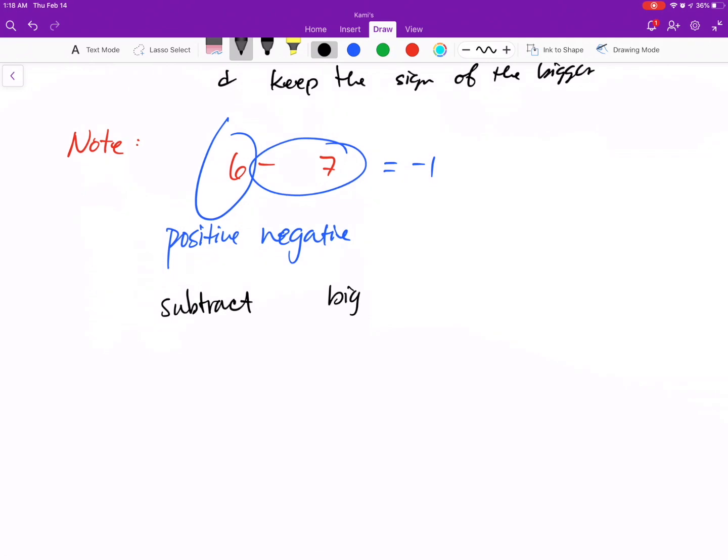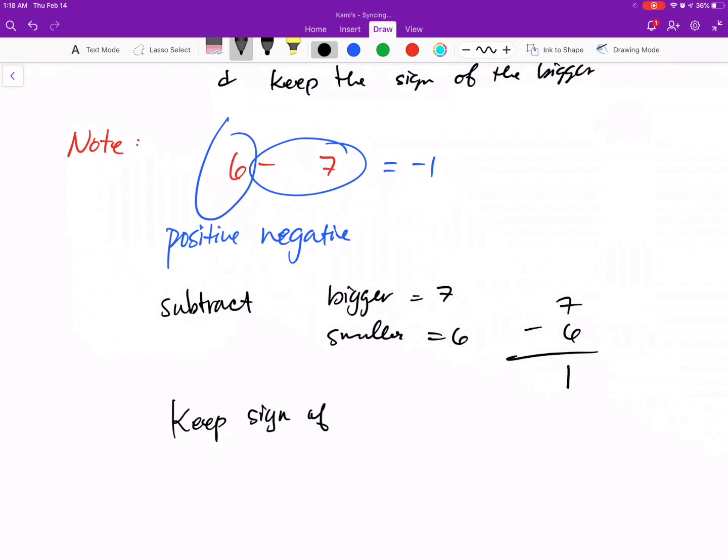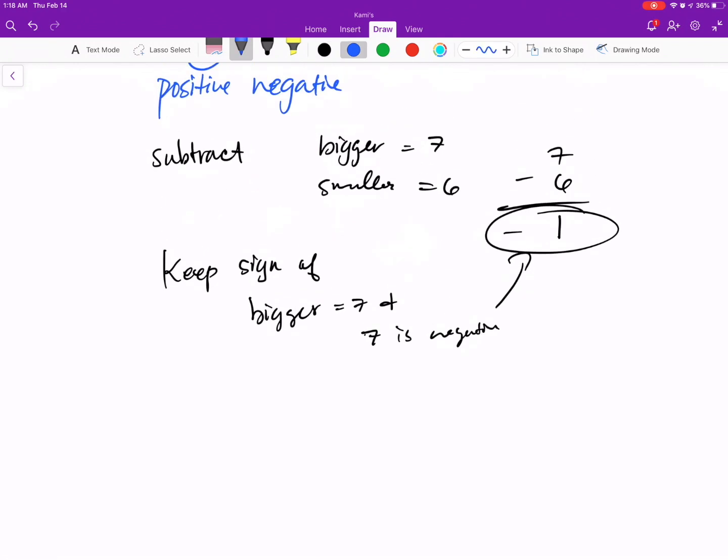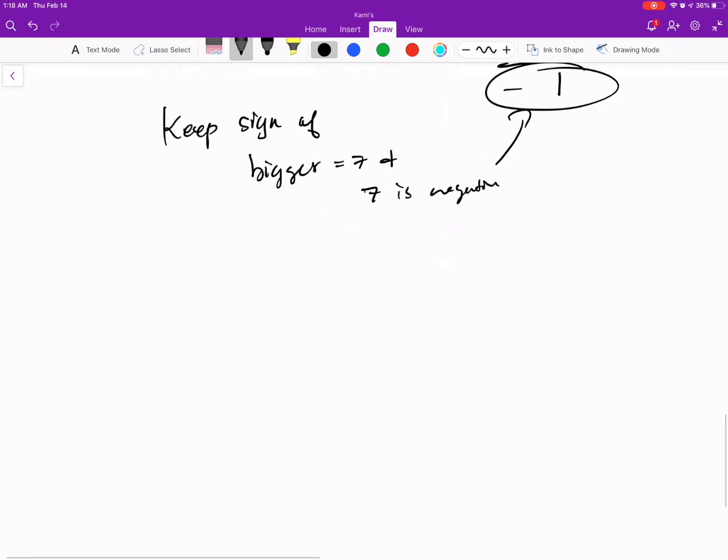So bigger is 7, smaller is 6. So 7 minus 6 is 1. And keep sign of bigger. So since bigger was 7 and 7 is negative, we make it -1. That's our answer.